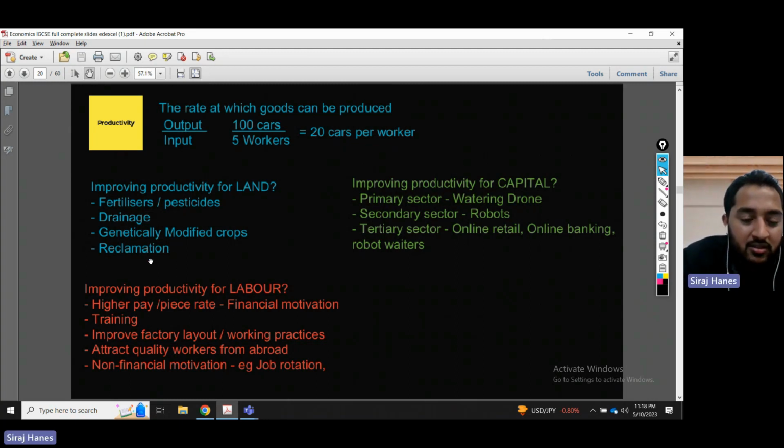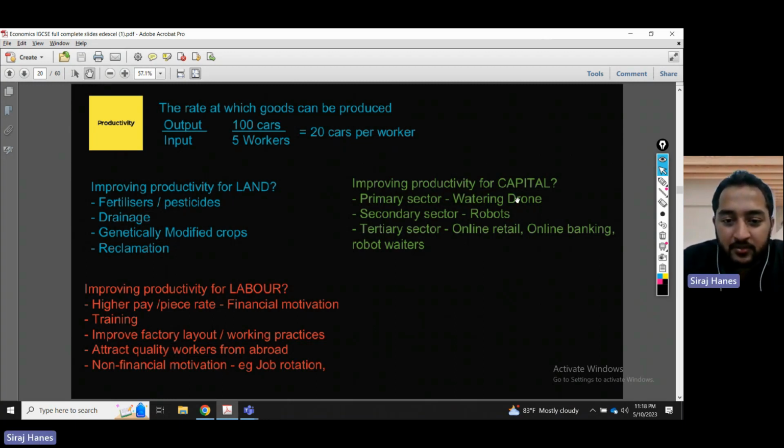And reclamation, go claim the land. Maybe in Sri Lanka, there's a project going on called Port City. There's a part where they reclaim the land from the sea. It was the sea and they built land there. Or the Palm Jumeirah in Dubai. Really nice. Reclaiming land from the sea.